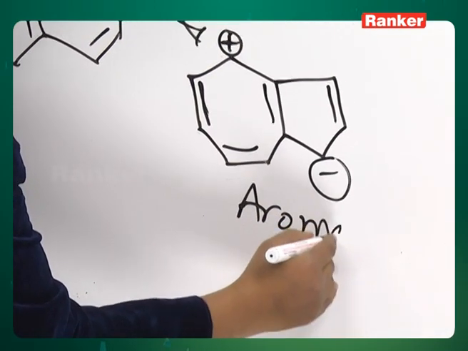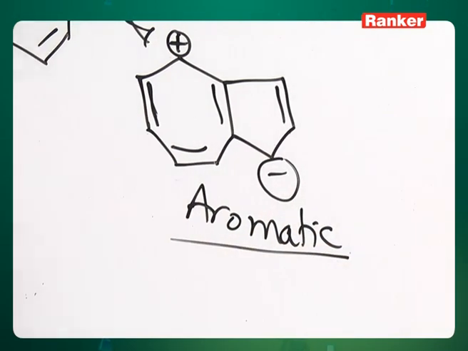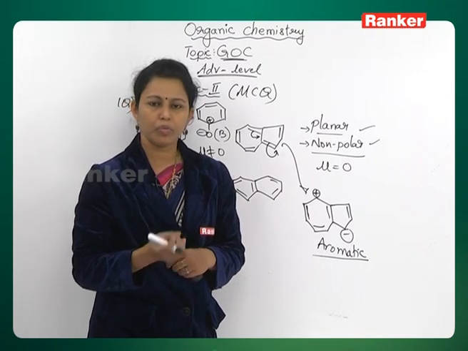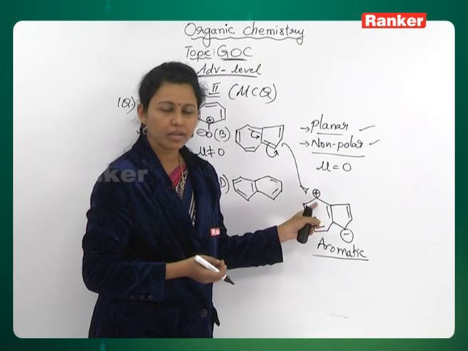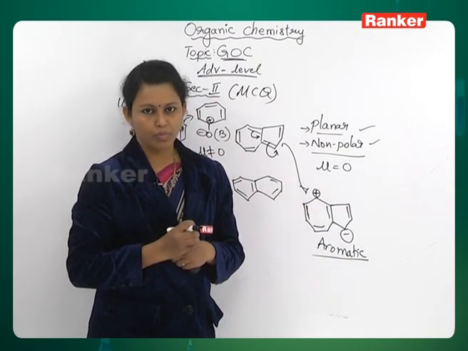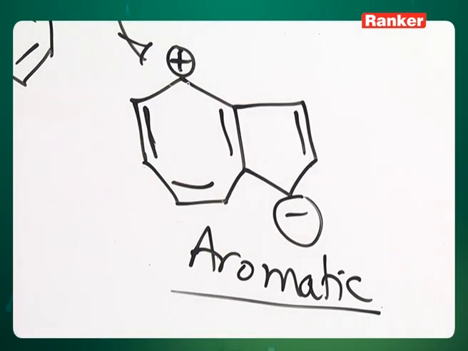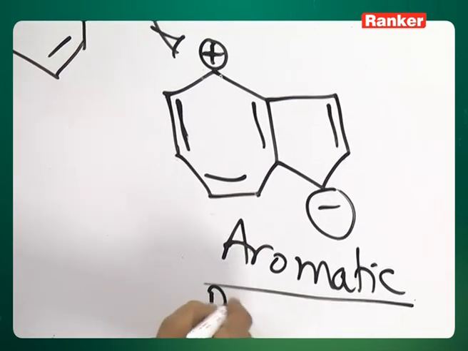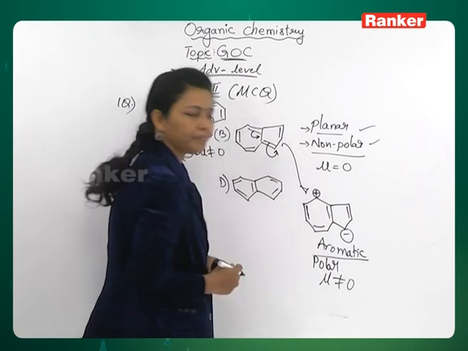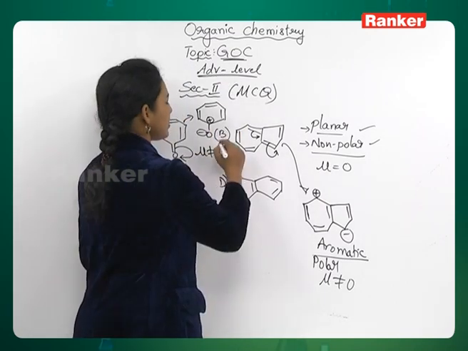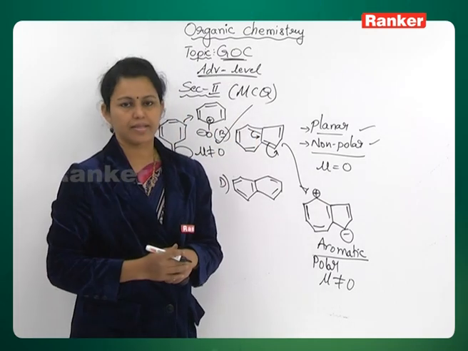It does not lose its aromaticity because of conjugation and polarization, and as it acquires positive and negative charges, it is no longer non-polar, it is polar. So its dipole moment value will not be equal to 0, and hence we can select option B also as a correct answer.